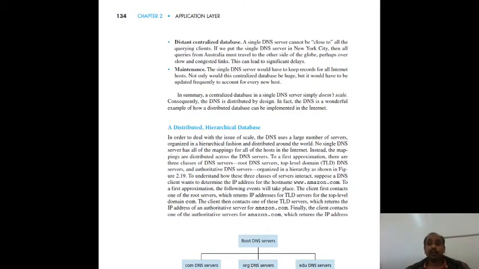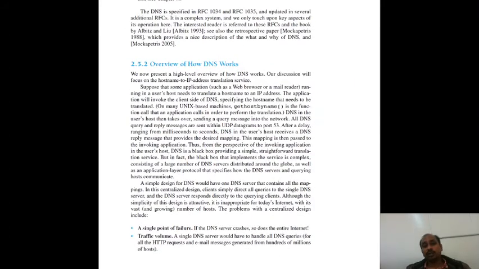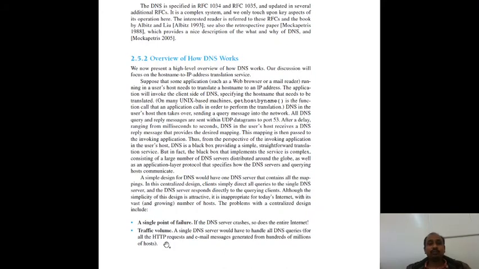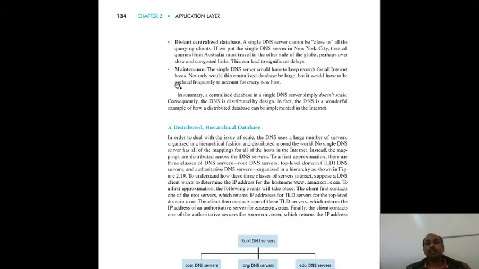During that updating process, there may be a chance that my data gets lost. So these are the four problems due to a centralized DNS server: single point of failure, traffic volume, distance to the centralized database, and maintenance. So in order to avoid this, we try to have a distributed hierarchical database. Now, what do you mean by this? We will study.